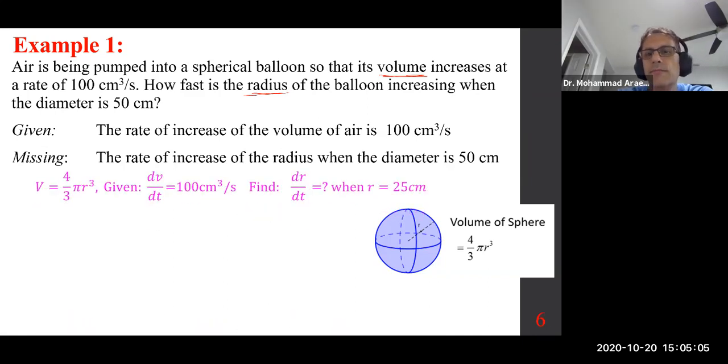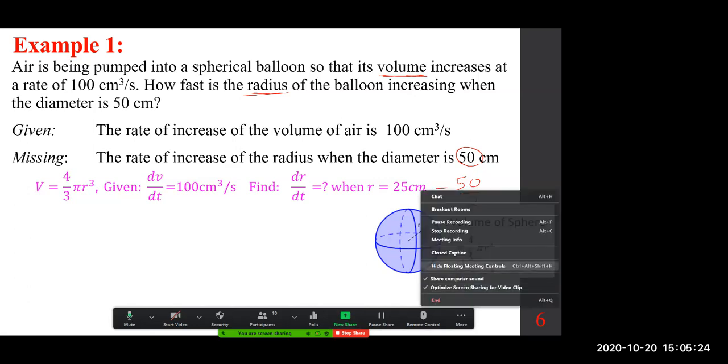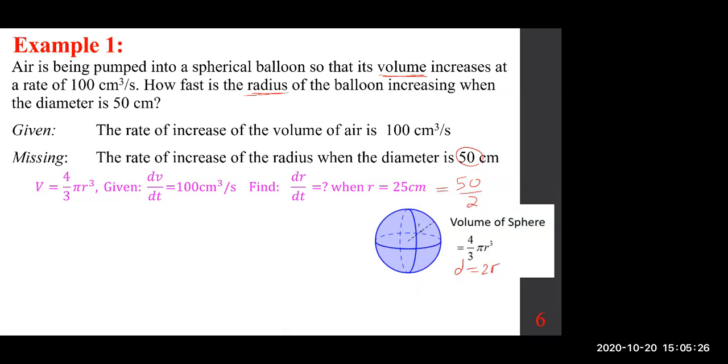You recall that d equals 2r. Having said that, let's move on with the process of differentiation.